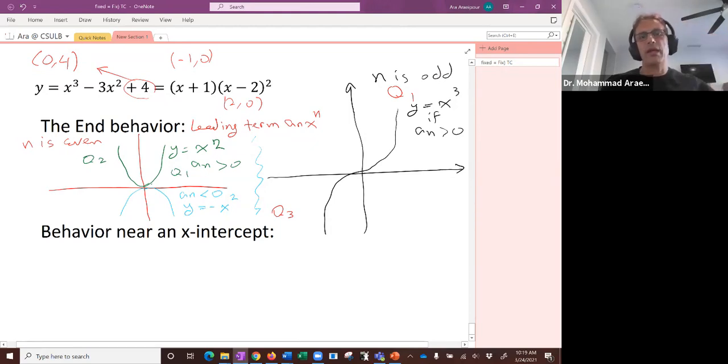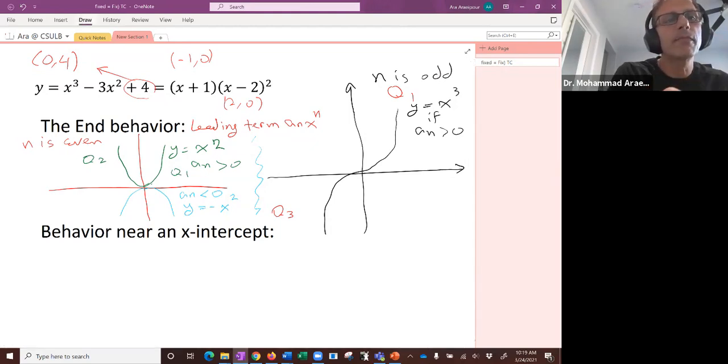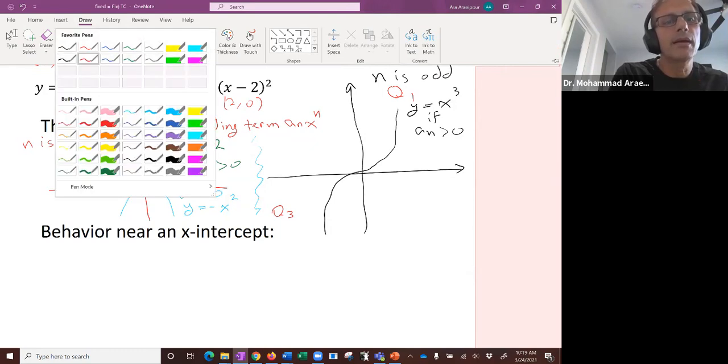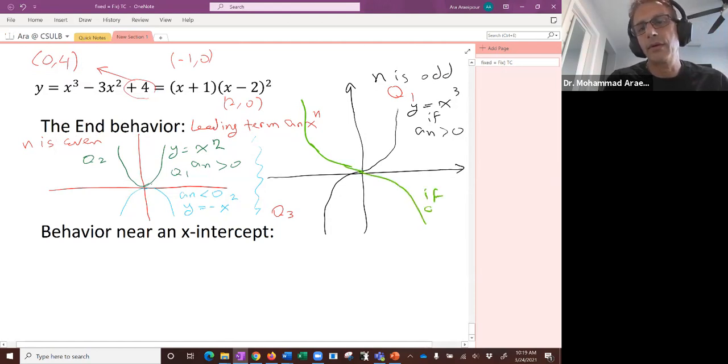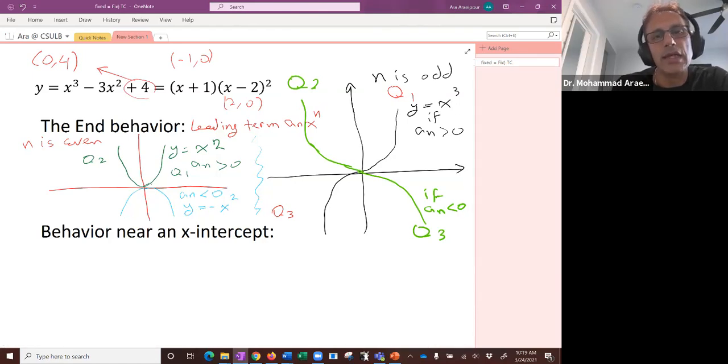This is not to scale by any means. And if a sub n is negative, then we have the end behavior happening in quadrant 2 and quadrant 3. I hope everybody remembers that. Now, behavior near an x-intercept. So that's the first topic.